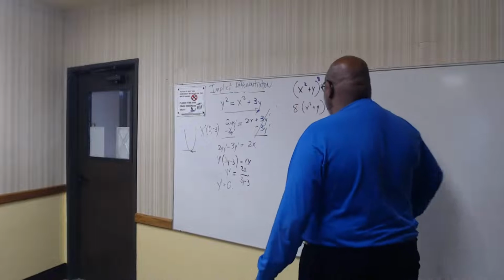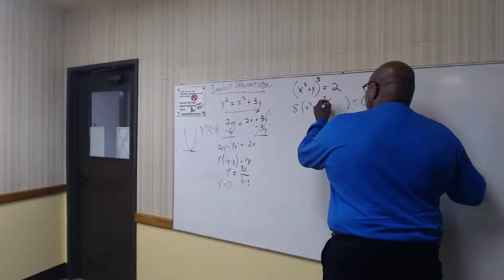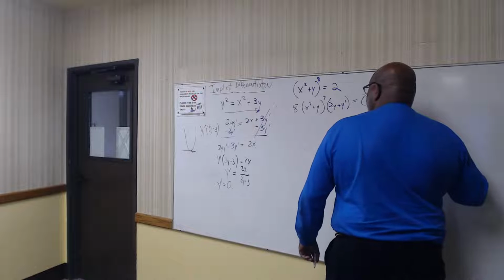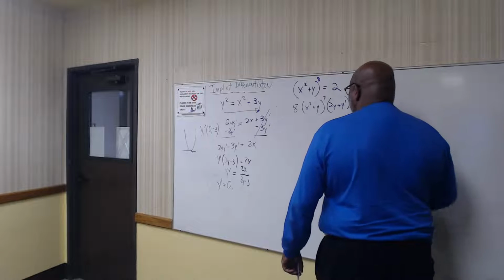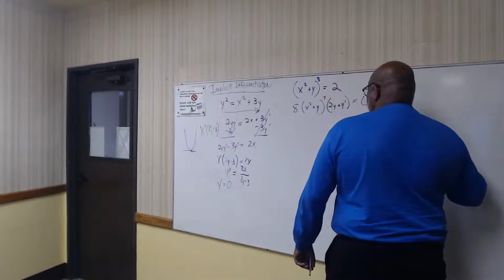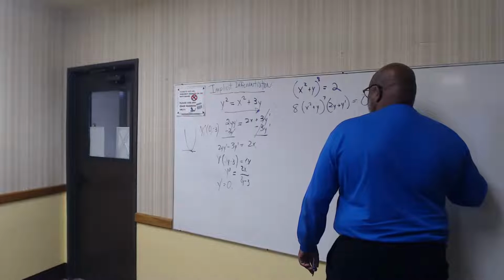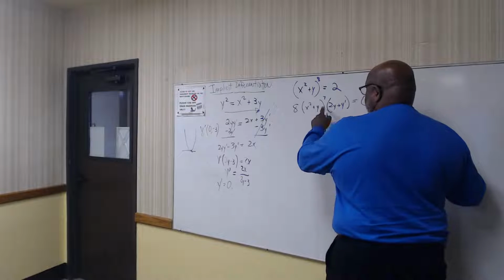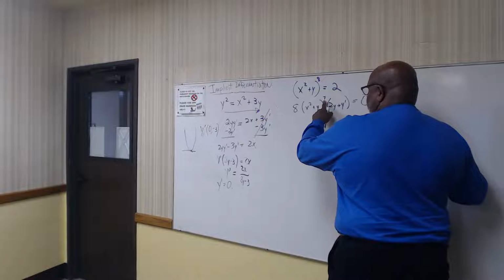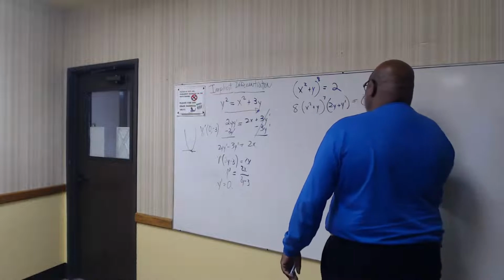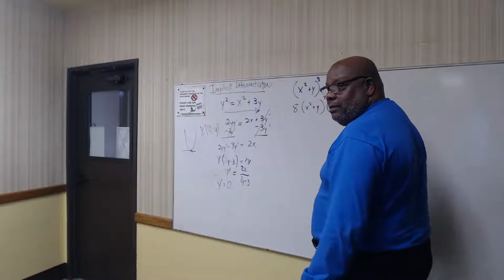Don't forget, times 2x plus y prime. Now what? Oh boy. Maybe this is one of those ones where, let me just think for a minute. Is there a trick? Because really you can't, because of the y to the 7th, right? I mean, you could. Actually, you can. Oh, that's interesting. We have 0 here. So what do we do?